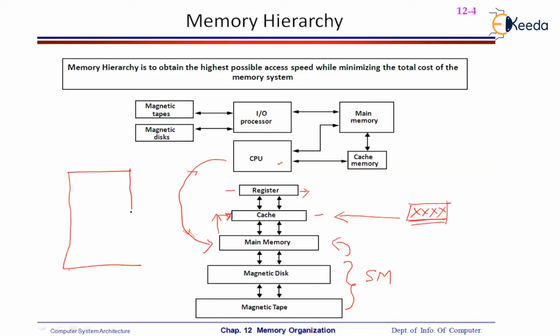Let us say this is RAM. The first thing that is going to be loaded is the operating system. The next thing is, let us say, system programs. The next thing is application programs, and the next thing is user space. When you boot the system, all these will get loaded.